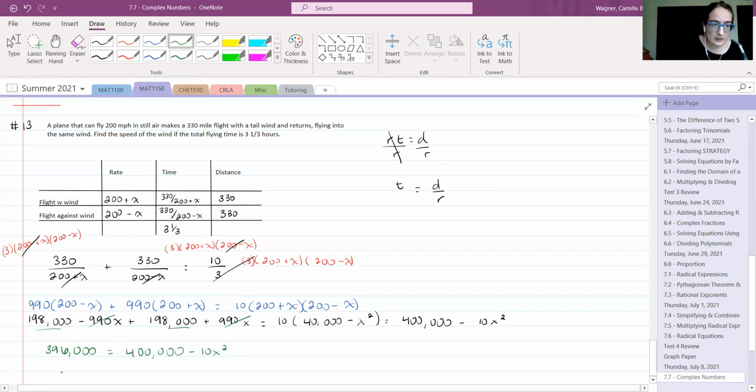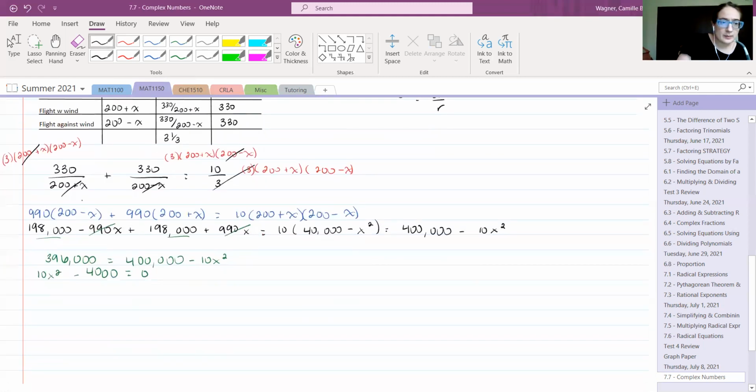Now I'm going to want this on the other side, so I'm just going to add 10x squared to both sides, and I'm going to subtract 400,000 from both sides. So I'll end up with 10x squared minus 4,000 equal to 0.